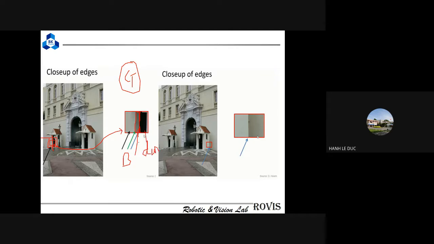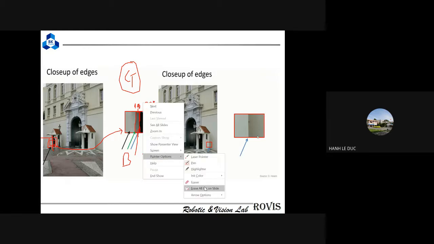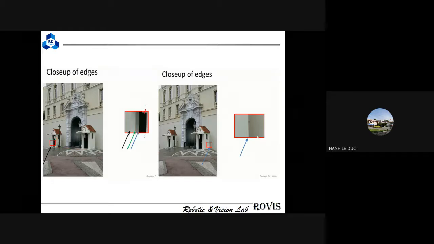So when we apply this filter, we will have a very significant value difference here. For example, the initial value is about 100. This one is very dark, about 50. This one is about 150 or something like that, right?